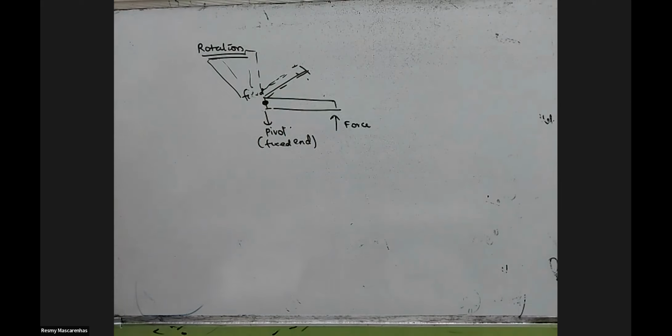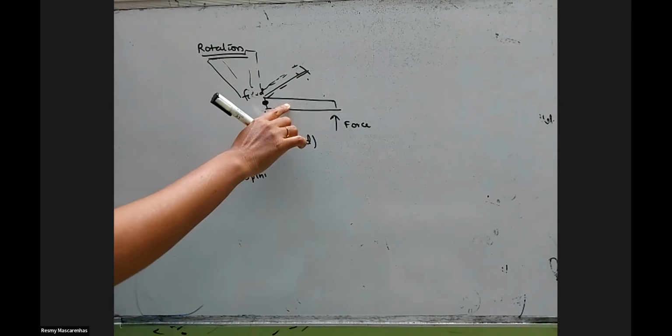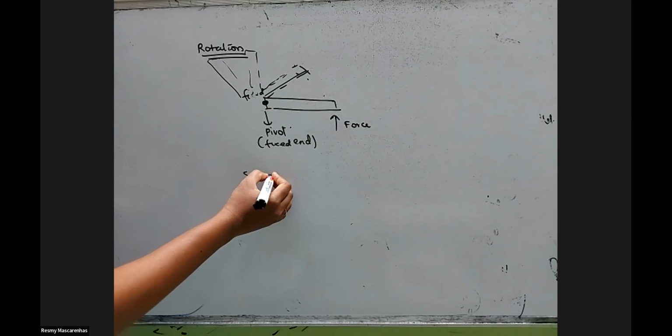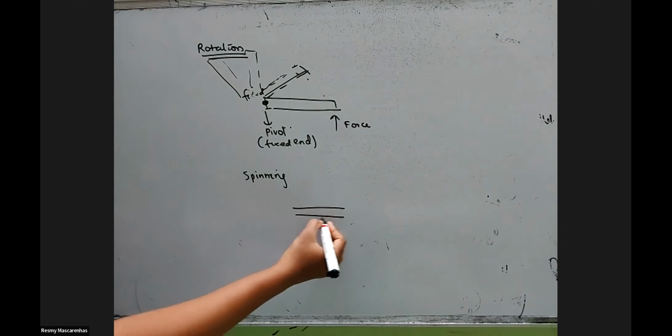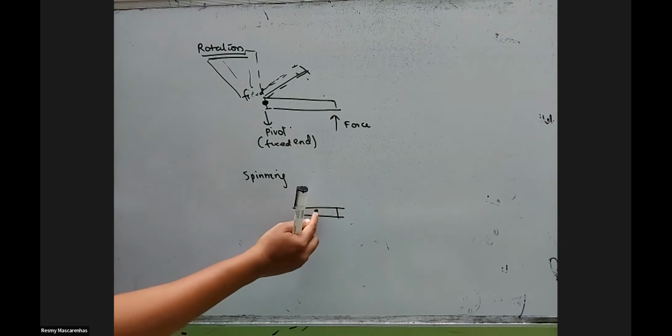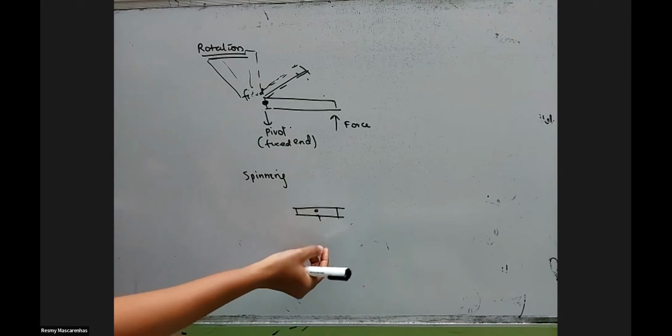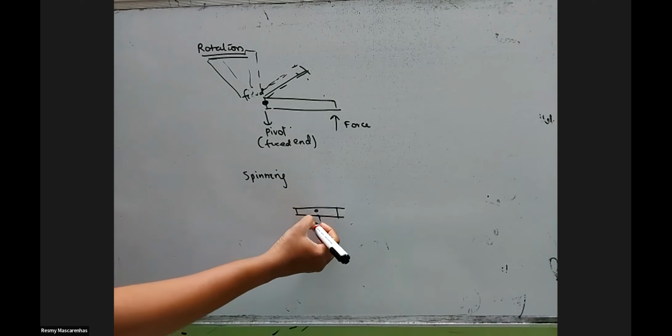The other type of rotation is when you have a spinning. This is not called spinning. Spinning is when you're applying force at the center, suppose something like this. Now what is going to happen? The whole thing is going to spin.